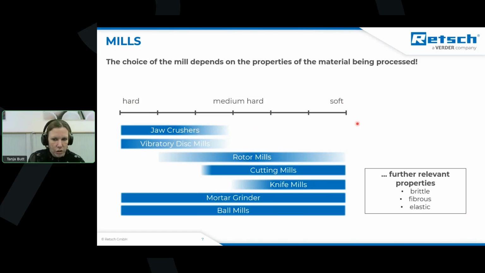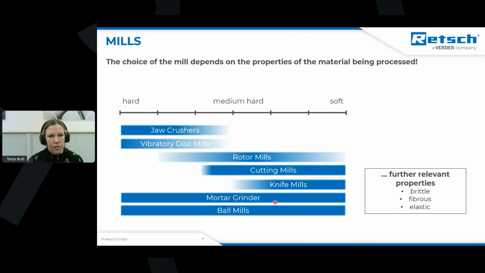So with the pressure, you cannot just crush some plant materials over here, or some tissue materials. Rotor mills, cutting mills, knife mills, more for medium hard to soft materials, and mortar grinder and ball mills suitable for the complete range.